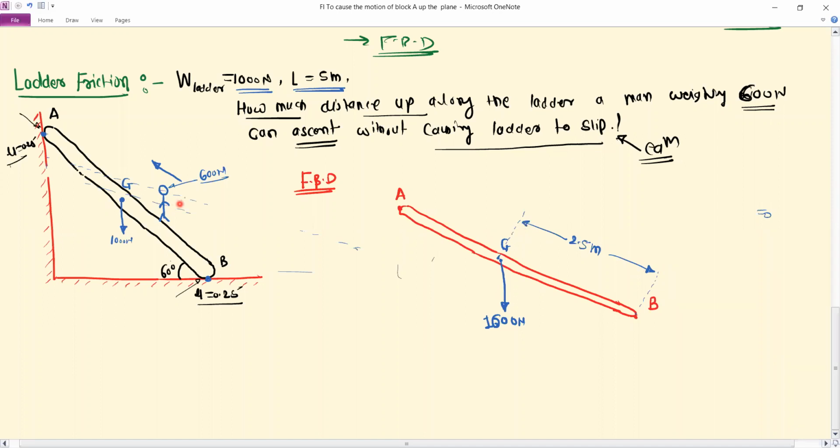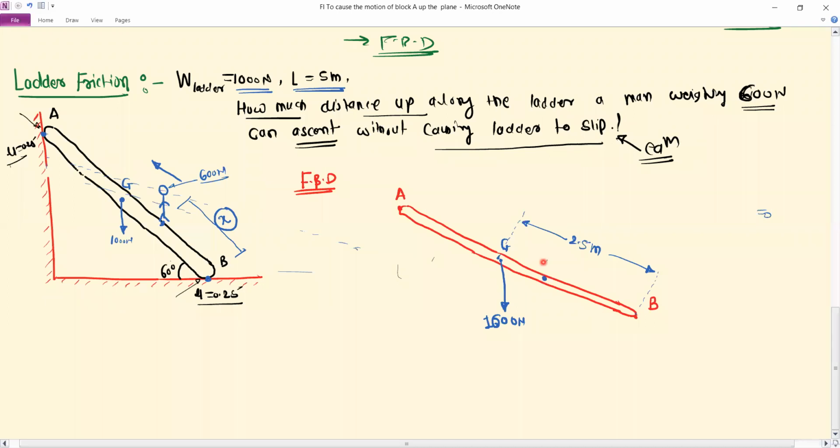Next, the person is standing on the ladder at some distance. We will assume this distance for the limiting condition. This distance is x. If the person crosses this distance x, then the ladder will start slipping, so this is the limiting distance. Just imagine the person is here.